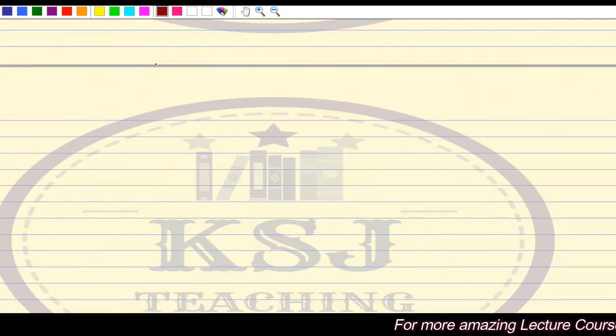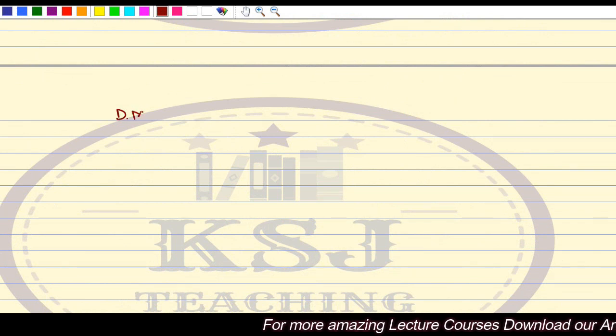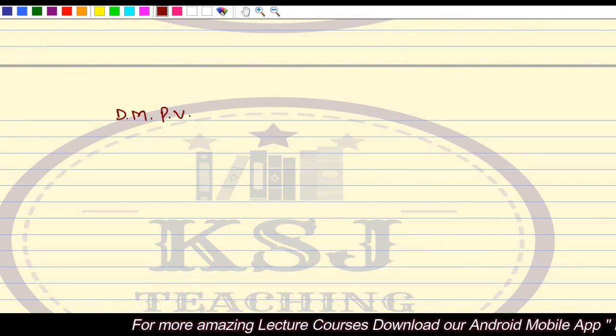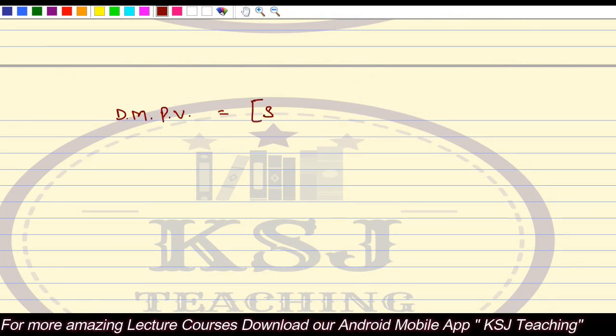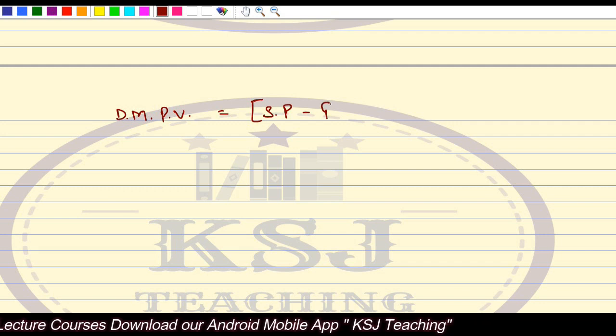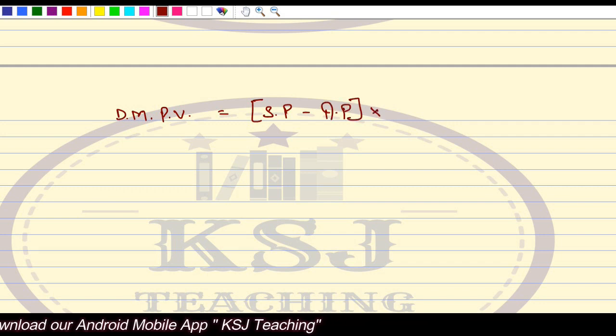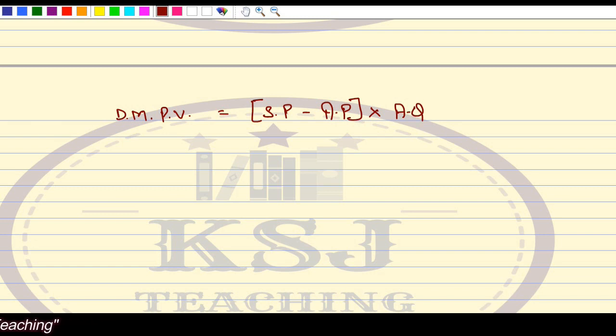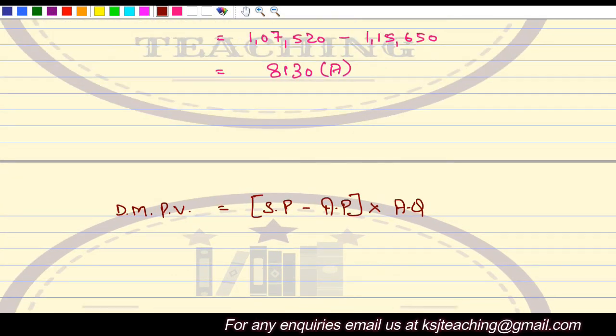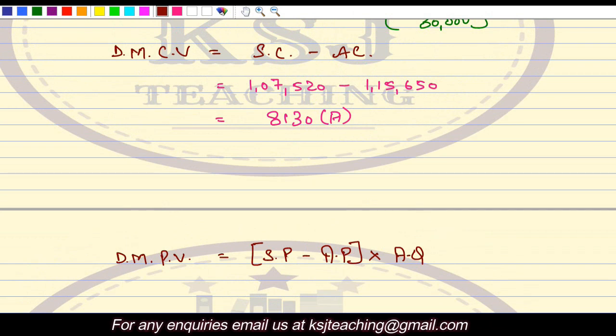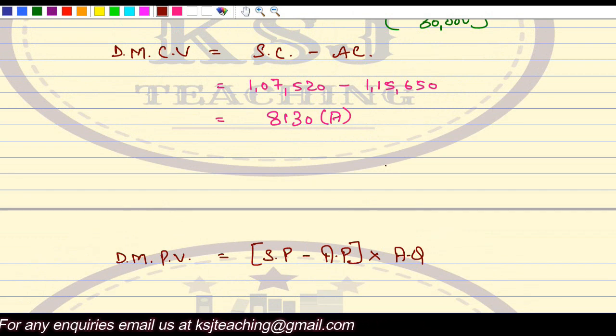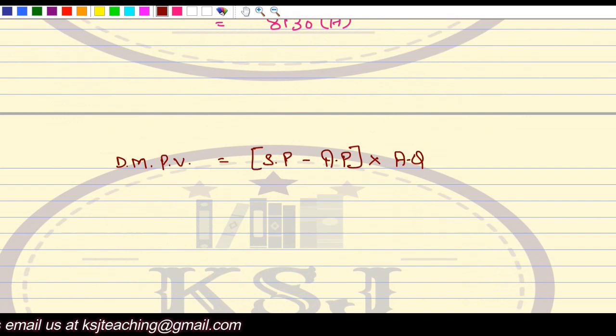Now coming to the direct material price variance, that is standard price minus actual price multiplied by actual quantity. Now here you can take the actual quantity purchased also or the actual quantity used. We will prefer the used also. If you are going to use actual quantity purchased, in that case your direct material cost variance will not be equal to price plus usage variance, right?